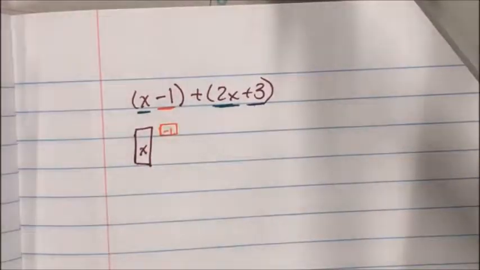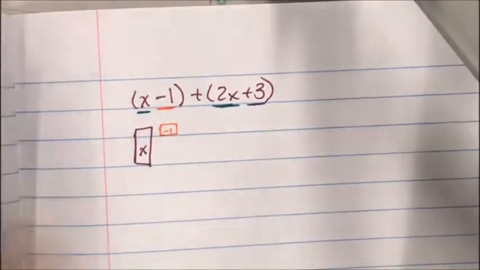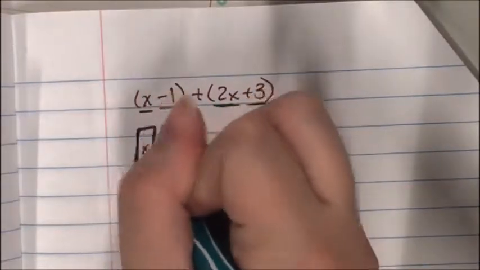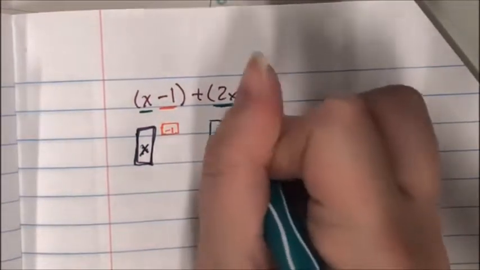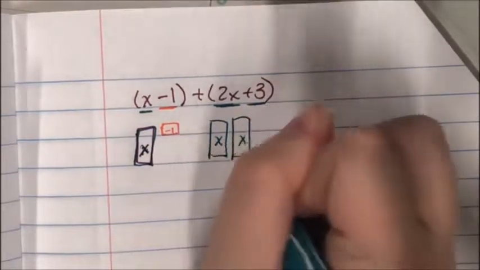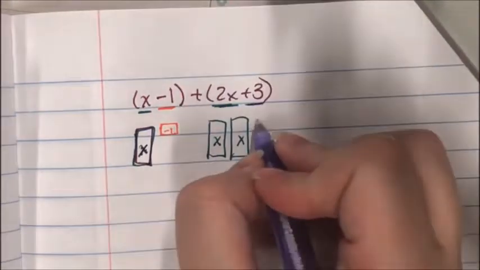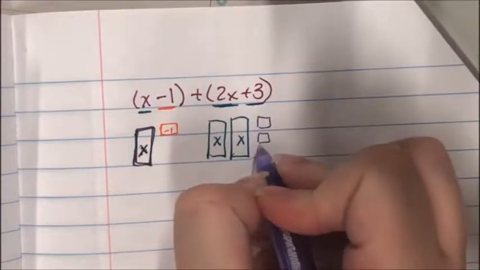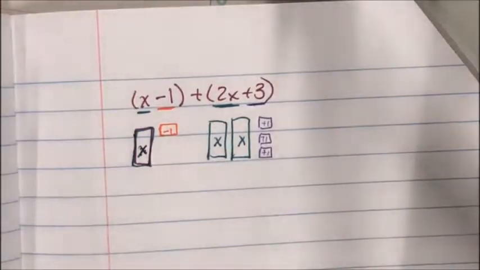And there's a minus 1. Oops. Wrong color. Should be this color. Okay, and then this one is x, because there's 2 of them. And then plus 3. So it's plus 1, plus 1, plus 1.